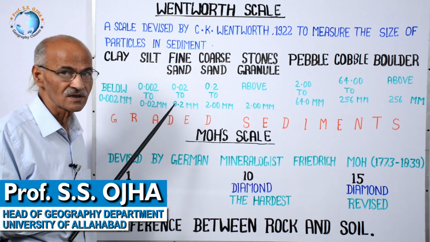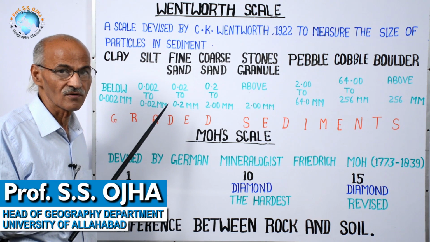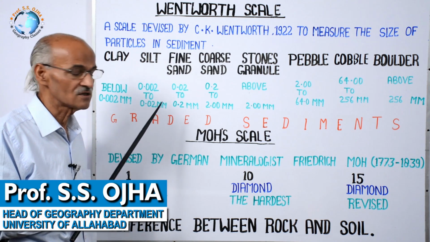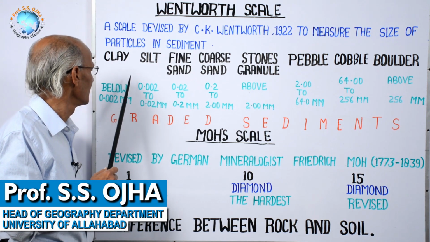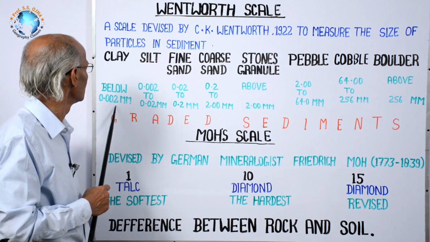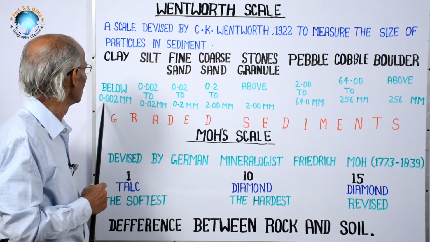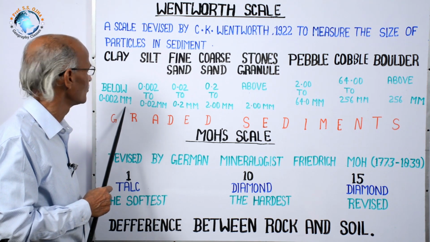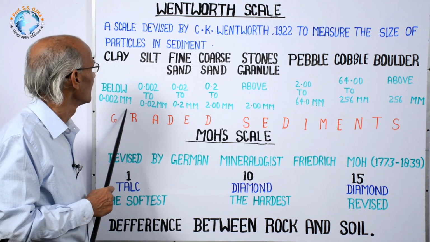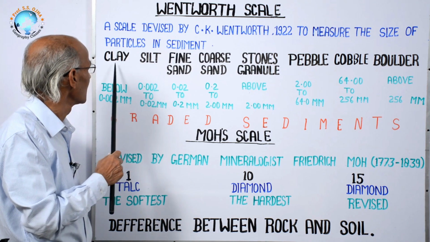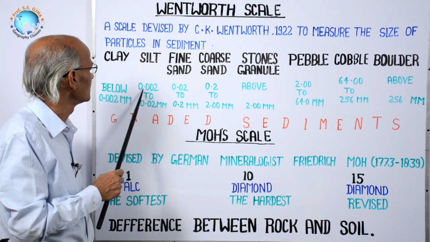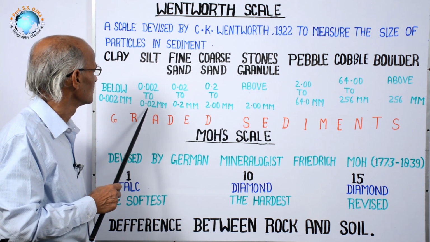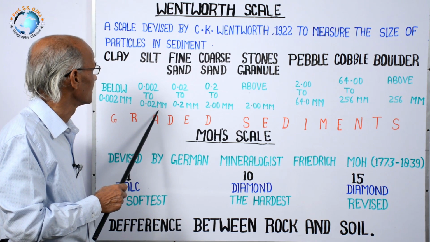Clay, you might have seen clay in flowing water, the very small or smallest particles, which is called clay, and this clay has a size of 0.002 millimeter diameter. But silt is larger than clay, the size of which is 0.002 to 0.02 millimeter.